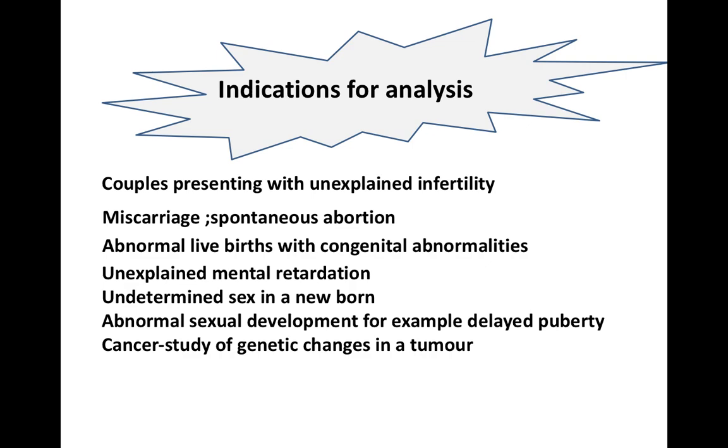In cases of cancer, especially the hematological malignancies like leukemia and lymphoma, genetic testing for chromosomal abnormalities through the use of karyotype is also requested for diagnosis and for follow-up of the patients.